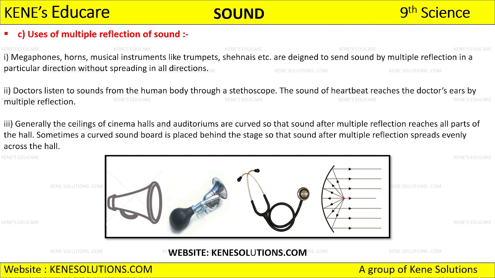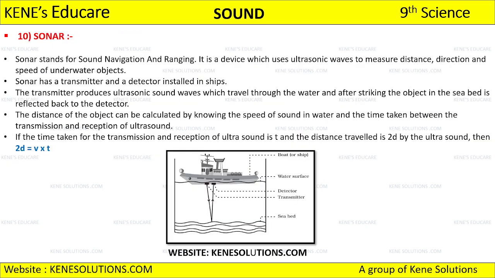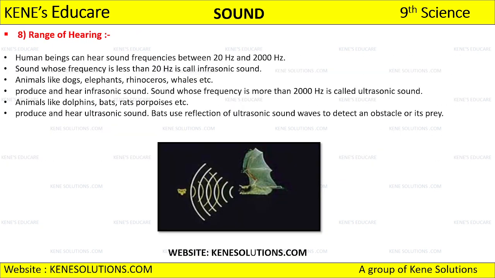After the uses of multiple reflection, we have the range of hearing. All the sound produced in our environment is not audible to us. I hope many of you are aware of this concept. Human beings can hear sound frequencies between 20 hertz and 20,000 hertz. It's not 2,000, it's 20,000 hertz.